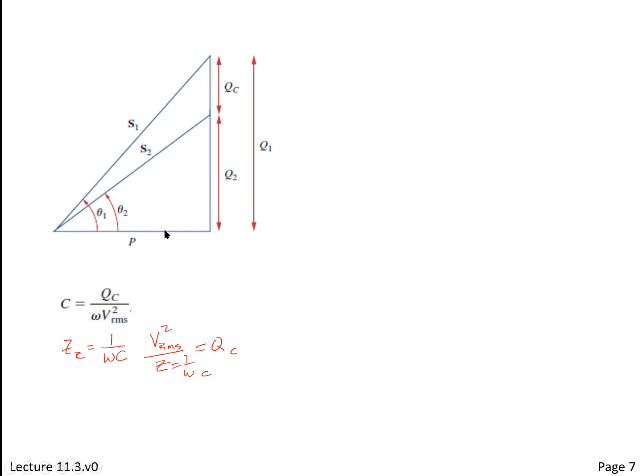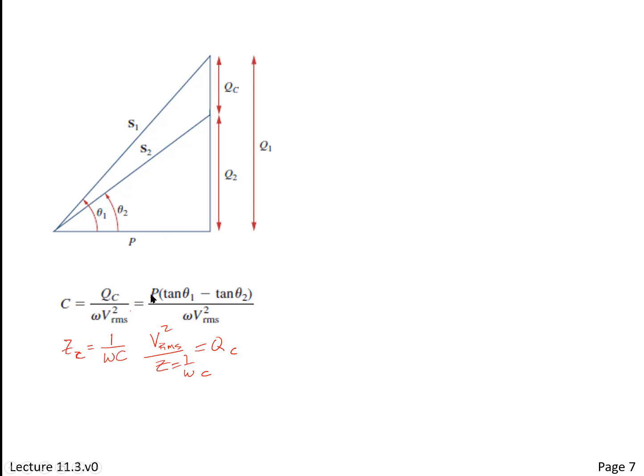That's to find how much capacitance I should put in there. But when you look at it in terms of a phasor diagram, I can look at all this in terms of tangents. The tangent of theta 1 and the tangent of theta 2 give me how much Q I need.